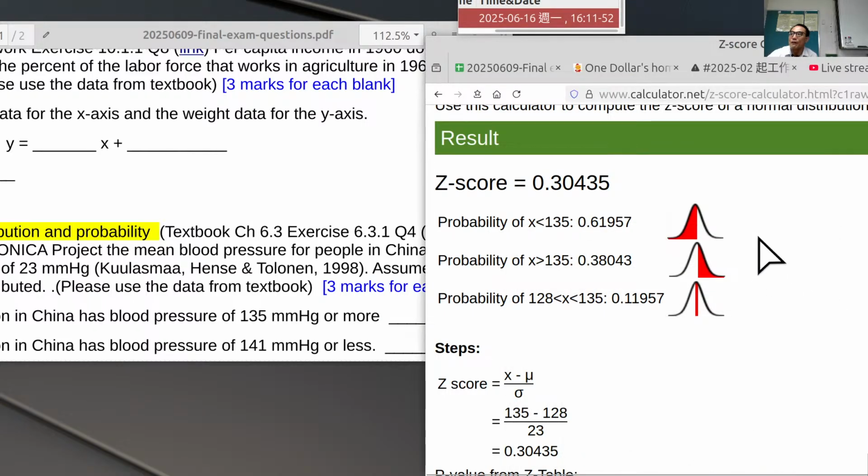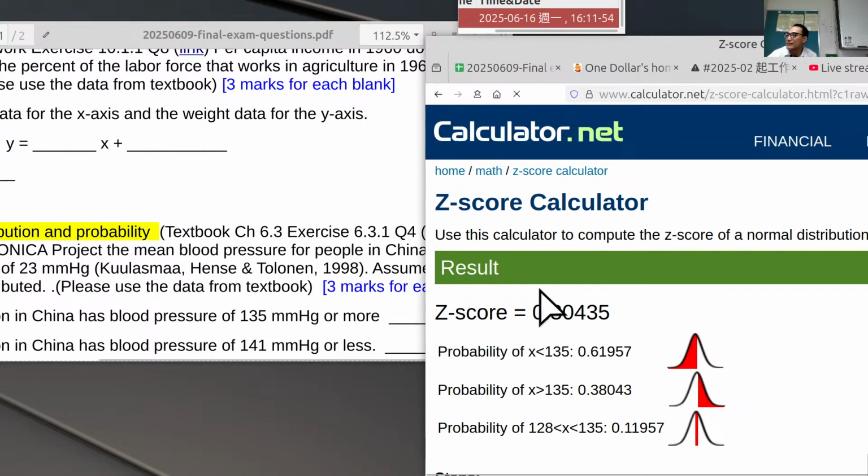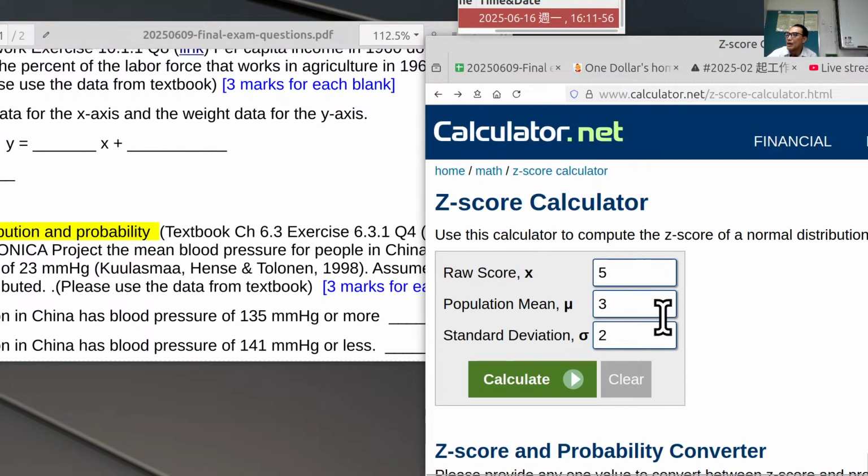Okay, forget this, go back. We know from the exam the mean is 128 and the standard deviation is 23. Could you please type this location as 128 plus 23?